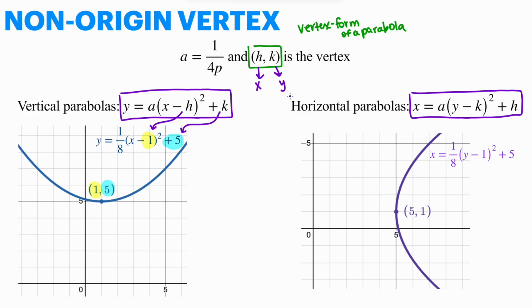K represents your Y value. So the K is still going to stay with my Y, and the H is going to stay with my X. So if you notice, my X value 5 is now going to go on the outside, and my Y value 1 is what's going to go on the inside.